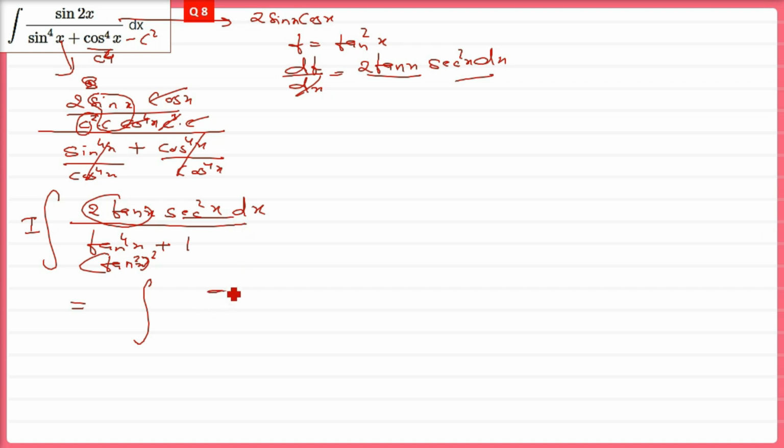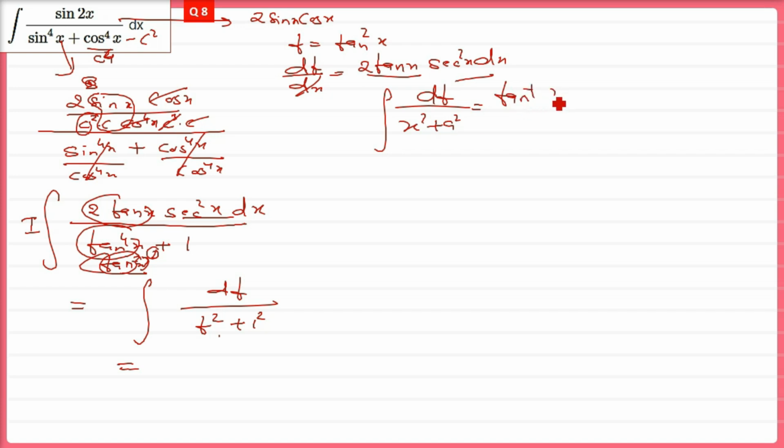Numerator has directly become dt. Denominator, because tan square x has been taken as t, this will be t square. So you have t square plus 1. So t square plus 1 I am writing here. Now you have a direct formula. What is the direct formula? It's dx by x square plus a square, which is simply 1 by a tan inverse x by a.